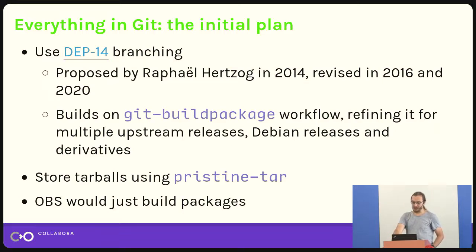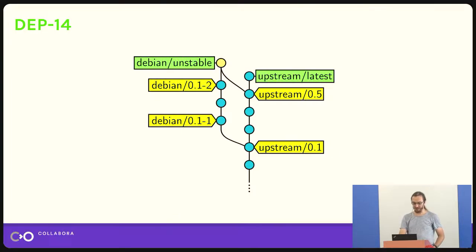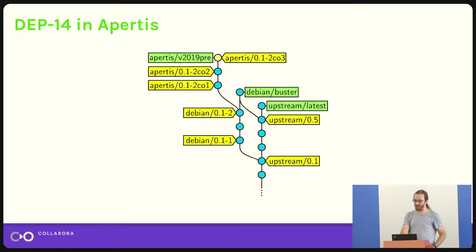The initial idea was to store tarballs with pristine-tar because that was the golden standard at Debian at the time, and we'd use OBS just to build packages instead of having everything in there. Basically, more or less, this is how it works. This is the augmented deb14 with Apertis changes on top of it.